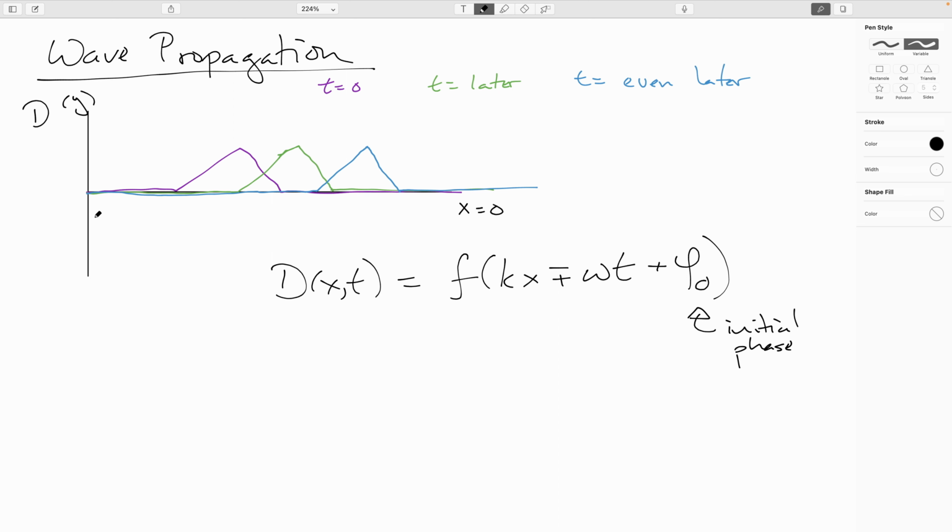So this just fixes our initial conditions. Omega, in complete analogy to oscillations, will again be the angular or natural frequency. But we'll demonstrate that that's what that is.